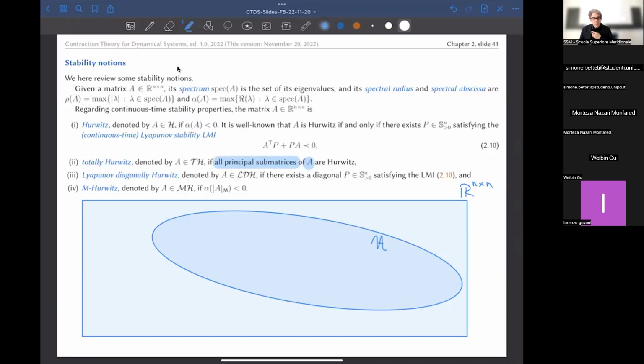So you may ask that the matrix is Hurwitz, and I want all principal submatrices to also be Hurwitz. So now that set is a subset here, and it's called the set of totally Hurwitz matrices. Now, this is relevant when you're looking at the network problem, because it could be that you have n nodes and they're interacting, right?